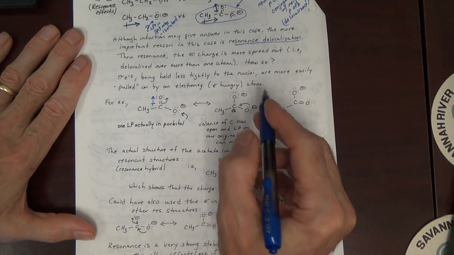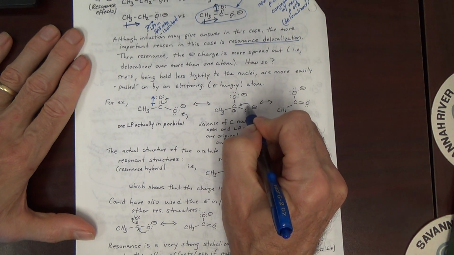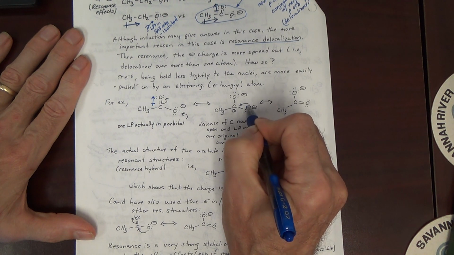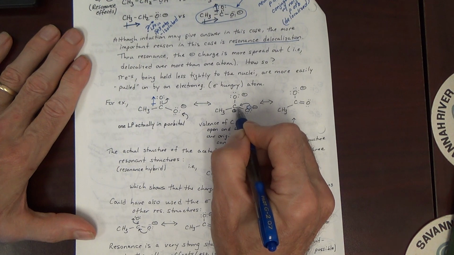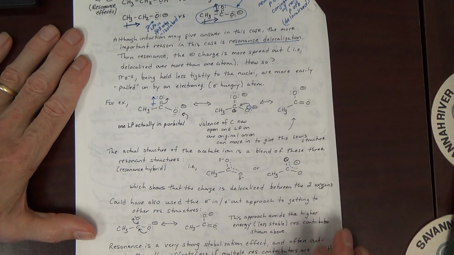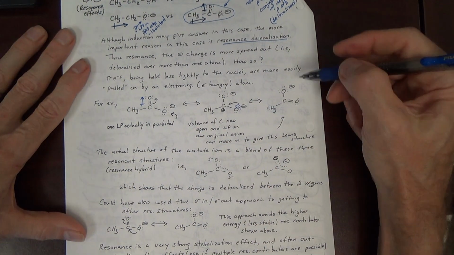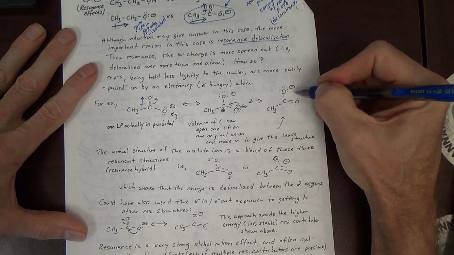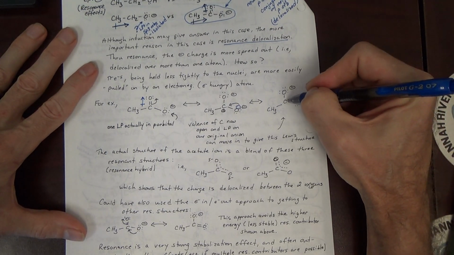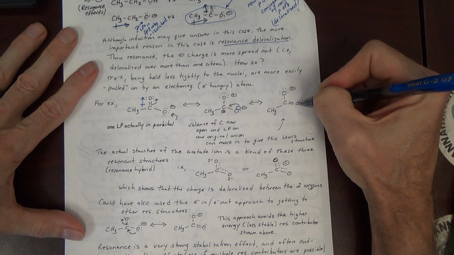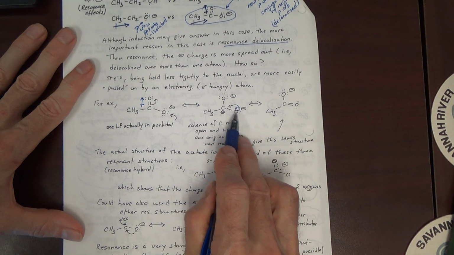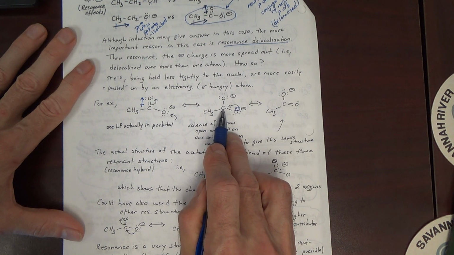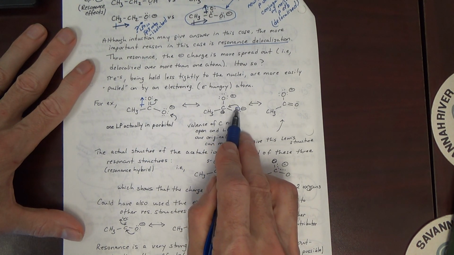Now, we can ask this oxygen to share. These move in as a pi bond, create a pi bond here, and we can get to this structure. Now the carbon and this oxygen are both neutral. This looks like something we did when we were drawing Lewis structures. This carbon needs another bond. We can ask this oxygen to share.